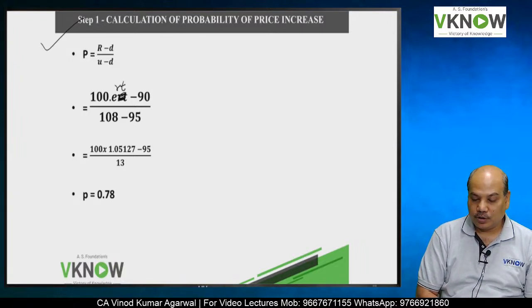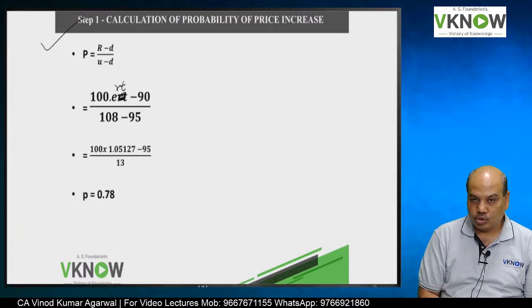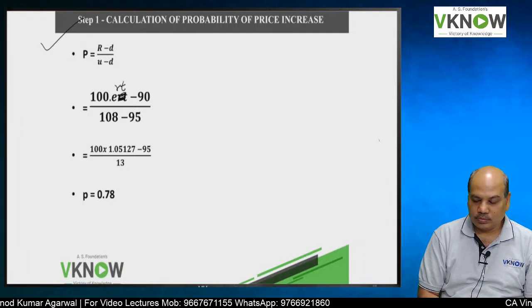We are not doing it for the first time, we have done it several times in the class. P is equal to R minus D upon U minus D.